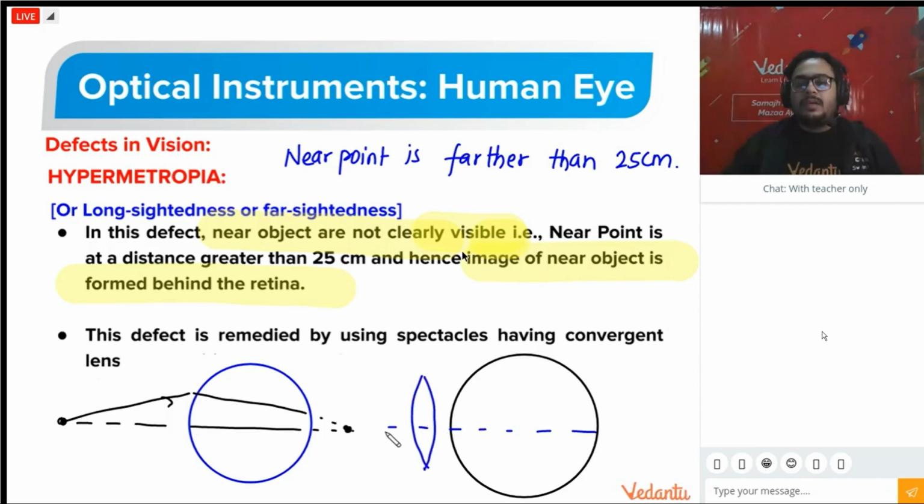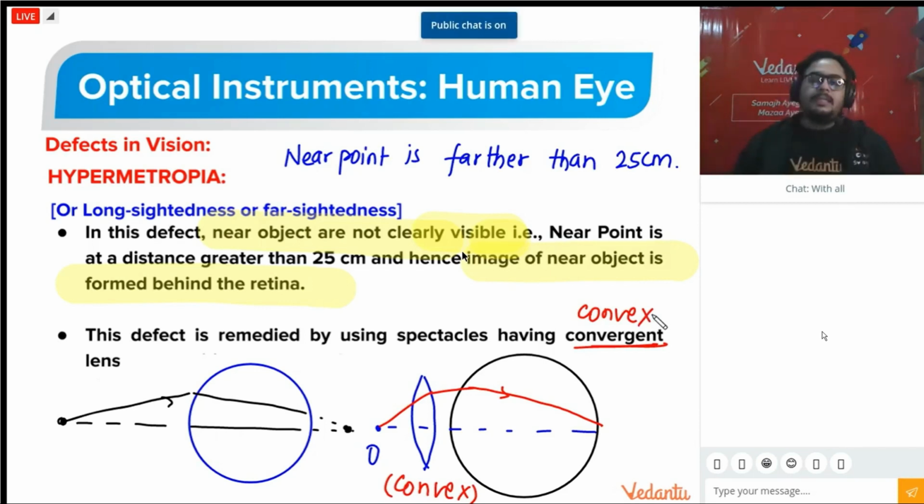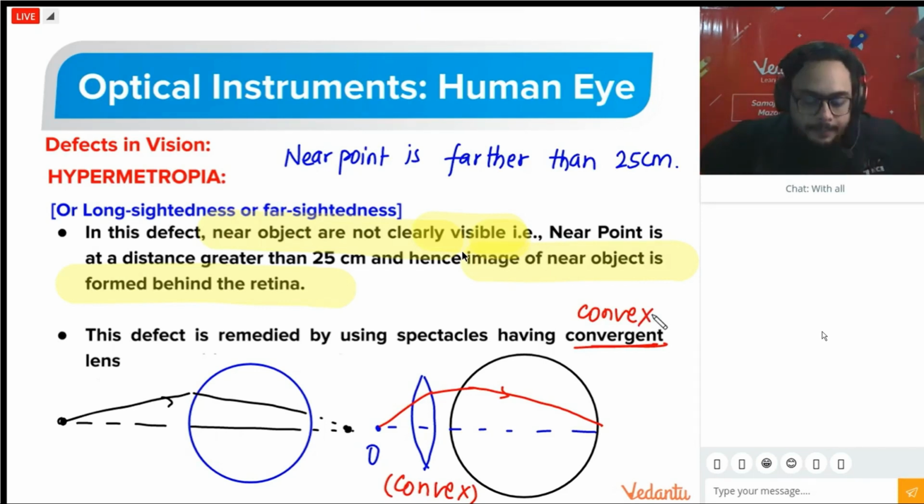If you use a convex lens and then you have an object, the rays are properly converged and you can form an image on the retina. Okay, so a convex lens, a convergent lens, is used to remedy this. Are you getting my point? If you have long-sightedness or hypermetropia or far-sightedness, you can correct it using convex lenses.